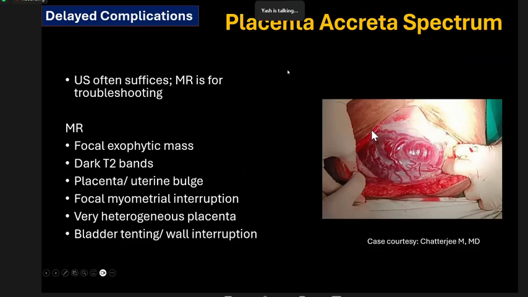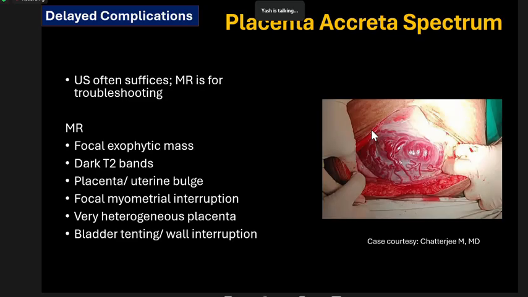Next, we speak about placenta accreta spectrum. Again, for this, the nomenclature was recently revised. Now it is called placenta accreta spectrum disorder, PASD, which encompasses accreta, increta, percreta. We need not tell all these separately, but if we are able to, we should or we can.